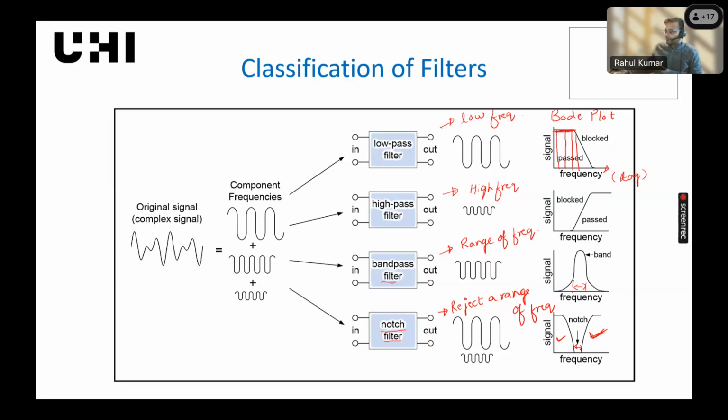Or same gain. Right? And the higher frequencies, they will have lower gain. Right? So some of the higher frequencies, they will be passed but with lower gain.